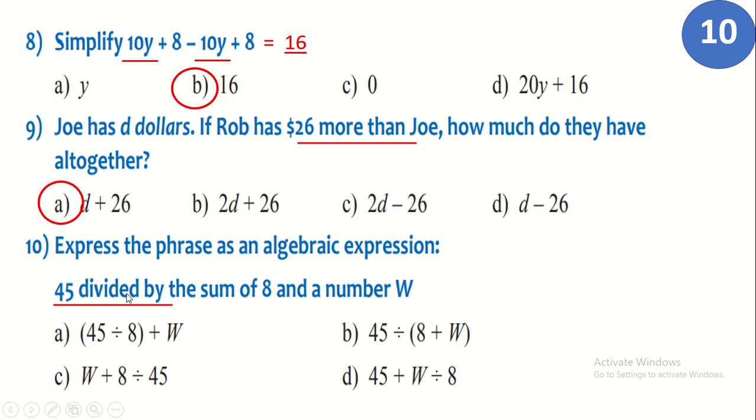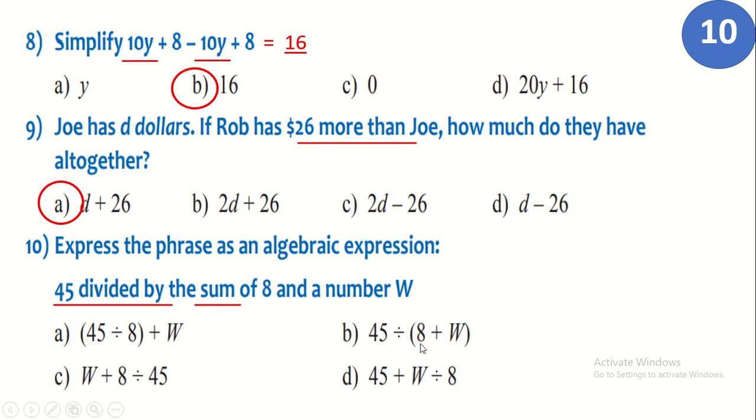Divided by means division. And sum means addition. The sum of 8 and a number W, which is 8 and W. Letter A is 8 and W, which is not the sum. You divide first, so A is no.